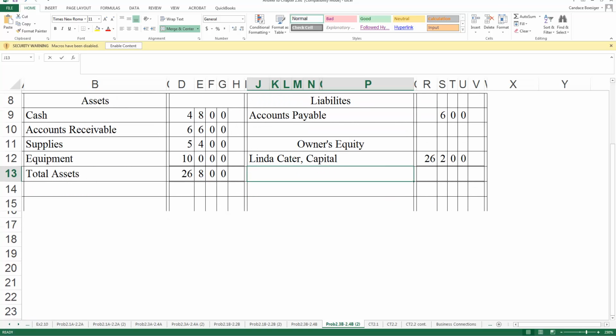And now the only thing we have left is total liabilities and owner's equity. And we total those up. And we put a total line right here, and we do a double line on the bottom. And look, our total assets equals our total liabilities and owner's equity because of the accounting equation.